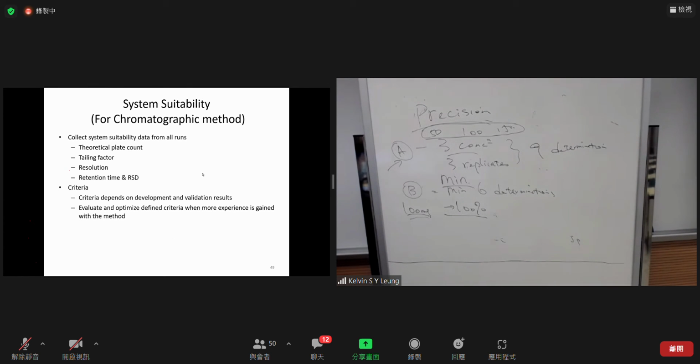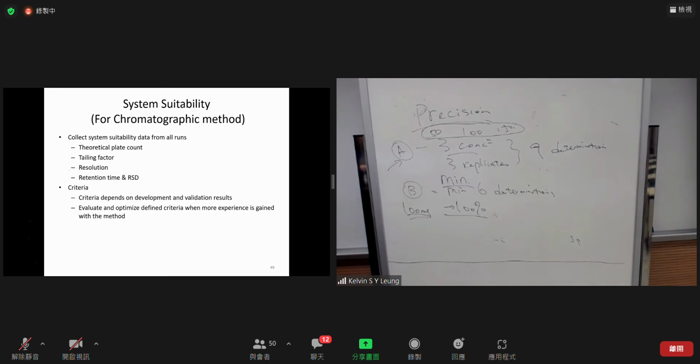The next part to be included in the method validation is the system suitability. In a chromatographic method, normally you have to consider the system suitability as well.